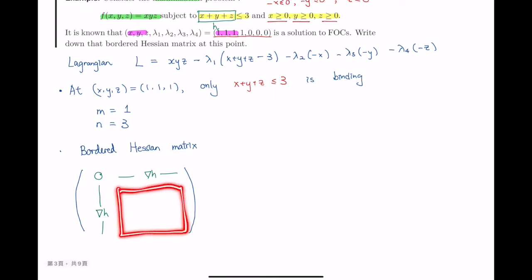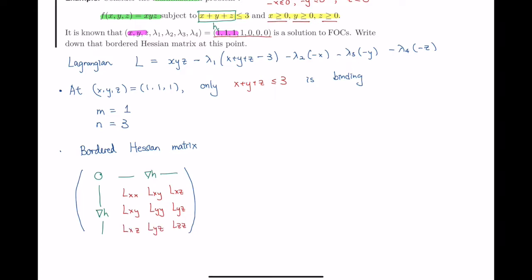Here, I put down the Hessian matrix of the Lagrangian function. So I put down Lxx, Lxy, Lxz, and then Lyy, Lyz, and Lzz. And because it's symmetric, once you write down half of it, you can write down the other half, xy, xz, and then yz.